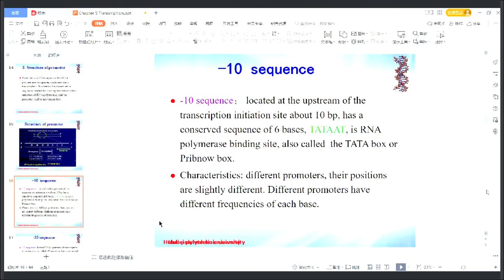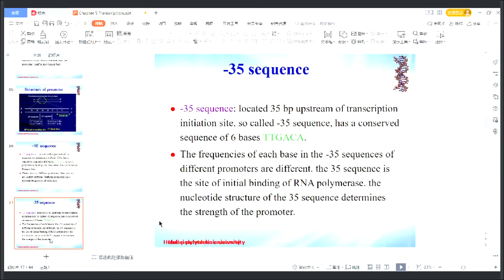And another conservative sequence is the negative 35 sequence. We also give it a name, the TTGACA box. You can see this conservative sequence has 6 bases, TTGACA.